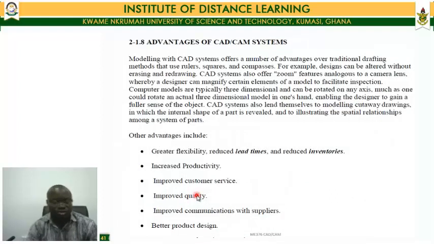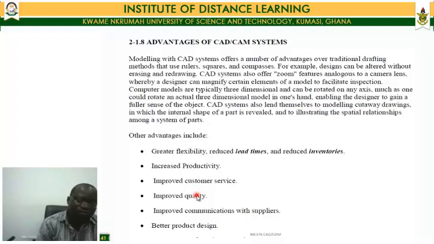Okay, so let's talk briefly about the advantages of CAD/CAM systems to end the unit. If you look at modeling with CAD systems, they offer a number of advantages over traditional methods that use rules, squares, and compasses, which we have gone through a lot of. For instance, designs can be altered without erasing and redrawing.